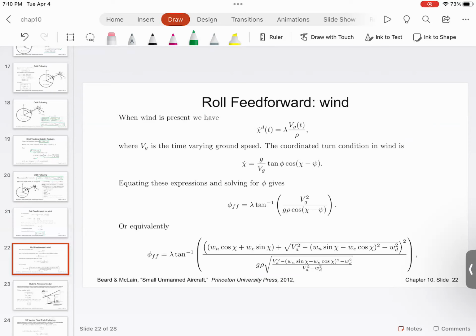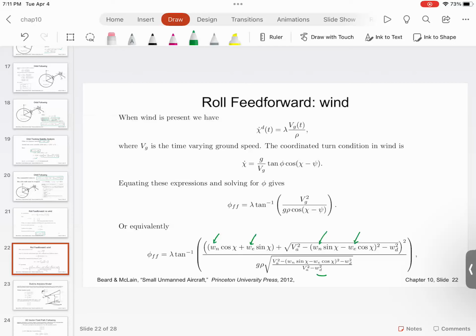And again, these equations become super complicated because if you add wind to it, then your heading becomes course. And then as you can see, our friend Kai comes into the picture, and the equation for the feed forward of roll becomes more complicated because all these components of wind, Wn, We, Wn, We, all these terms propagate.